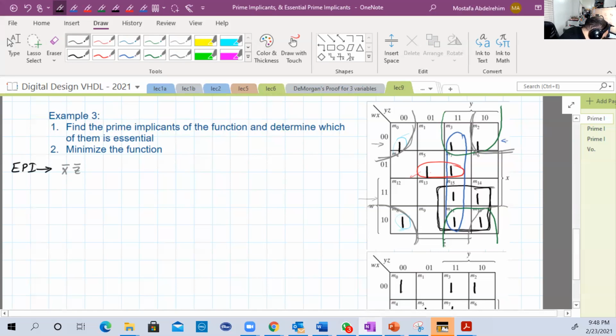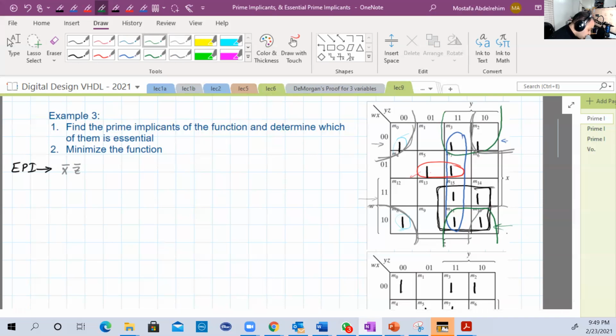What else? The green. Is the green essential or just a prime? Let's check. All its ones are contained within other groups. The first two ones belong to the green, the gray and the blue. And the last two ones, on the bottom row here, belong to the black, gray, and blue.